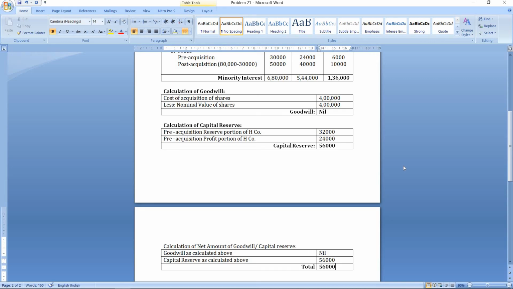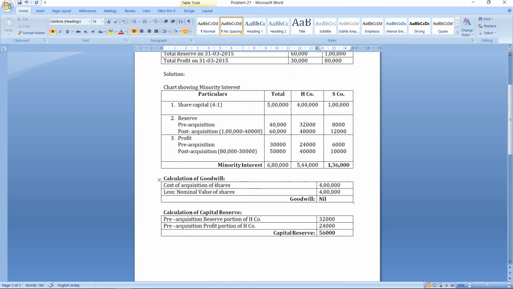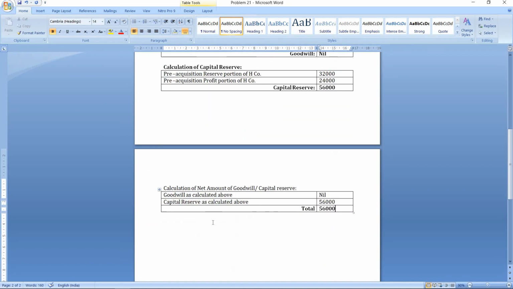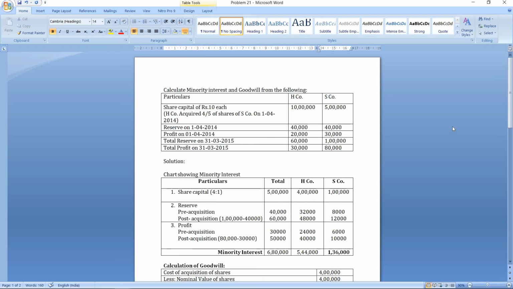This is how you solve the problem. First you have to prepare a chart showing minority interest, and then you have to calculate goodwill or capital reserve by passing this working note. I hope you have understood. With this I conclude for today. Thank you.